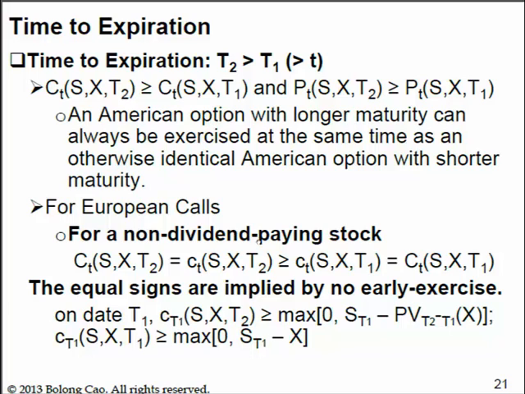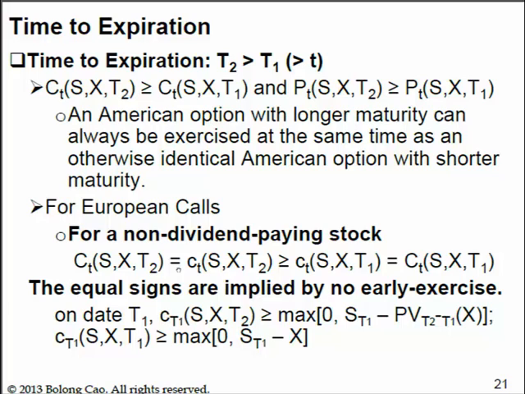Let's think about European options. We still need to separate the situation by whether there's a dividend paid on the underlying stock. Now, for a non-dividend paying stock as the underlying, we know that you never early exercise American call options. We just got that conclusion.